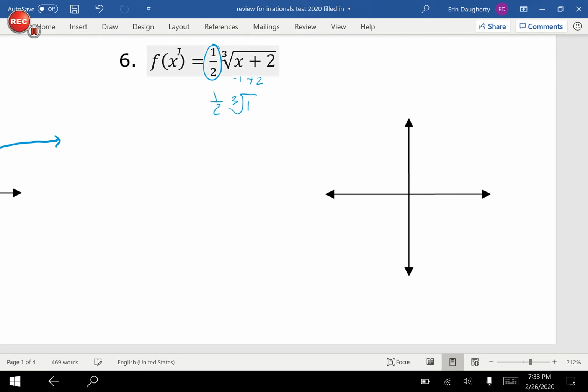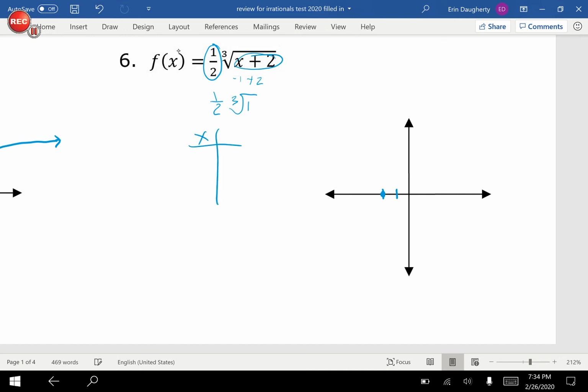That would be like -1 plus 2 would give me the cube root of 1. The cube root of 1, well, I know that x plus 2 is going to shift it left 2. 1, 2. And it's not shifting horizontally at all, or vertically at all. So I know the center point is going to be right there at 0, -2, but I'm not sure for 100% what's going to happen with this 1/2. So I went ahead and substituted a point.